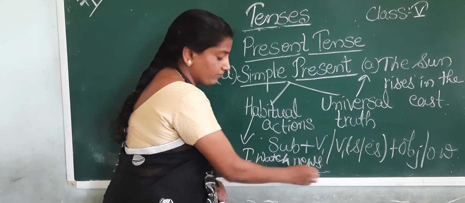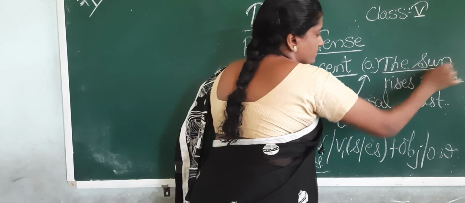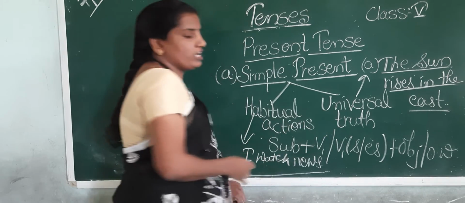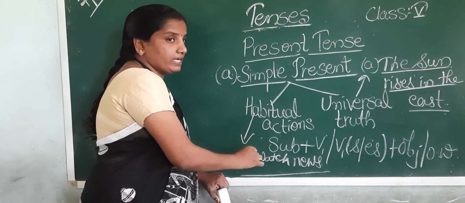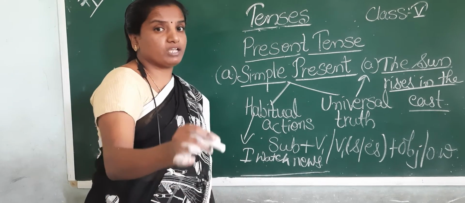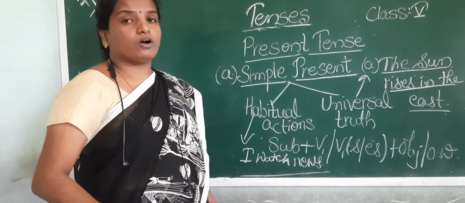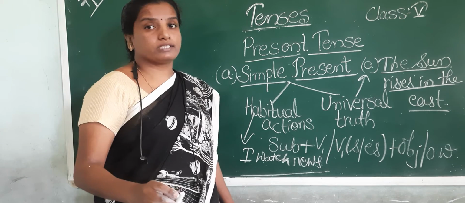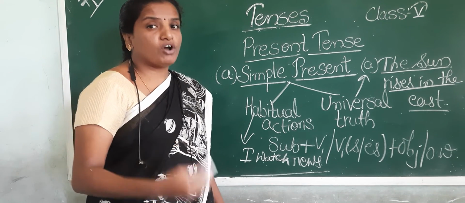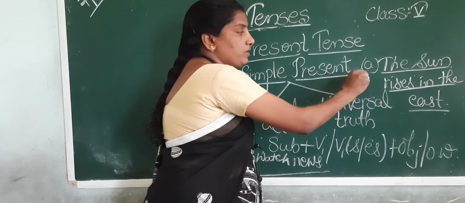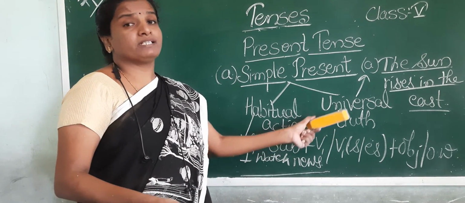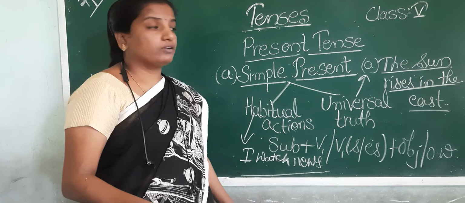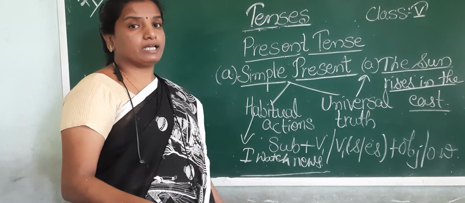This is another one. So these are the two examples, children, which I gave you. Habitual action means the action which we do regularly, or the repeated actions which we perform daily. And universal truth means the truth which we cannot change and it happens in nature.